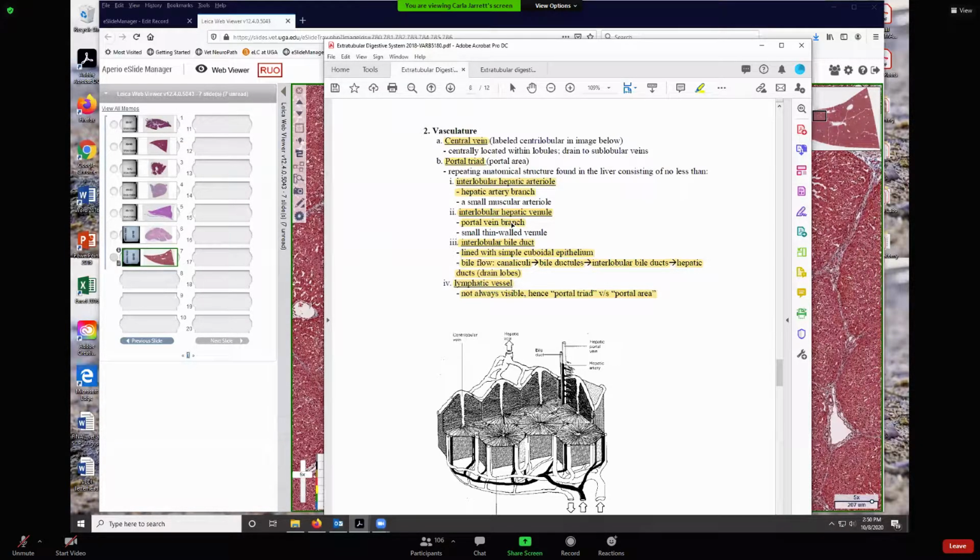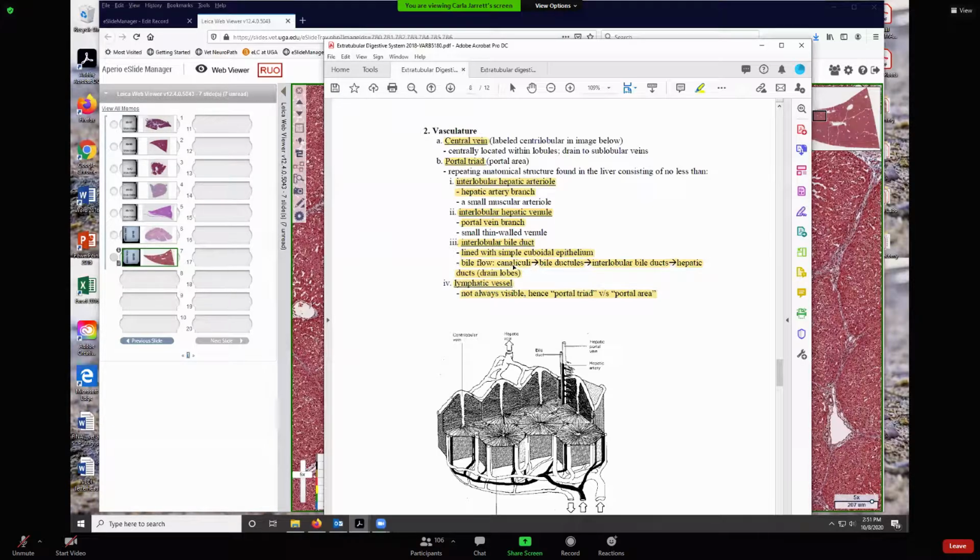The same with the portal vein. We'll call it a portal vein branch in that interlobular area, or we might call it interlobular, I-N-T-E-R, hepatic venule, because it's that small at that point. We'll also have an interlobular bile duct, and we'll know it because it's going to be lined with a simple cuboidal epithelium.